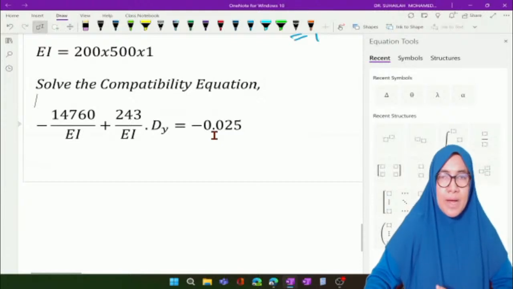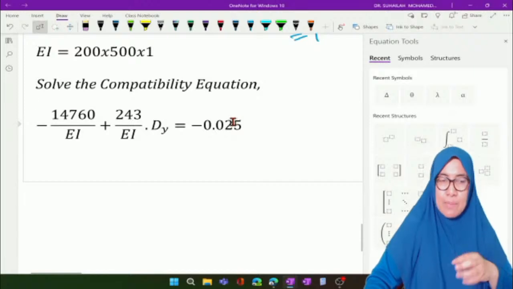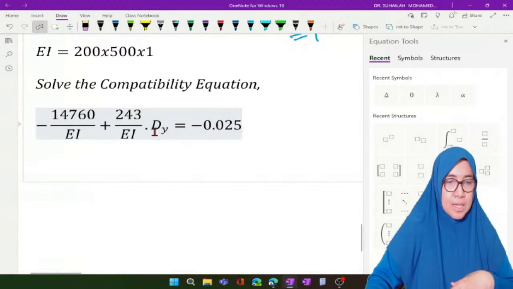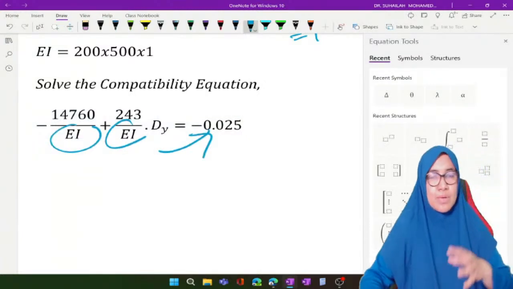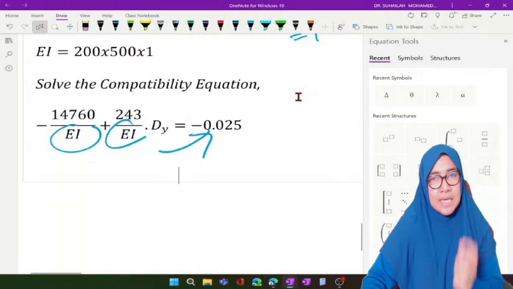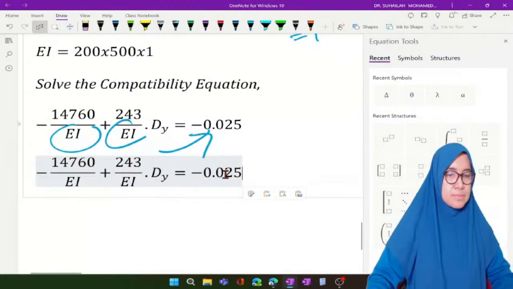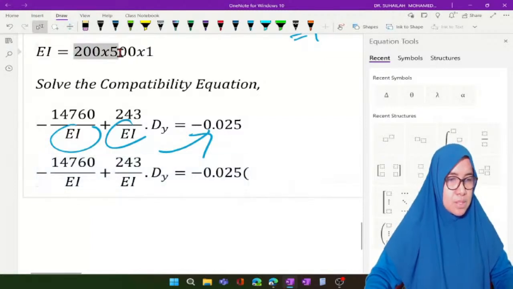So now what I want to do is, I don't want to divide 14760 by 205, 200 and 500, and 243 by 2 and 500, 200 and 500. But I want to bring this 2EI to the other side so that we can get 0.025 times E times I. So we will times with 200 and 500 here.